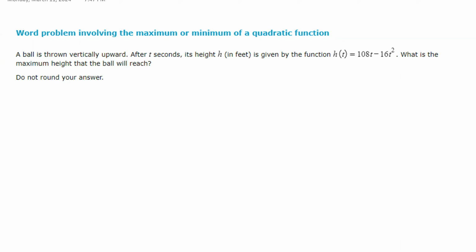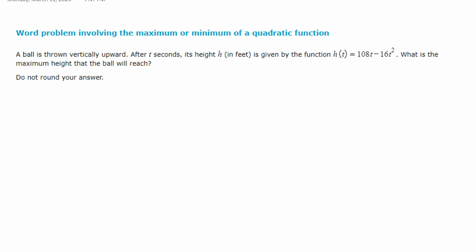Okay, so a ball is thrown vertically upward. After t seconds, its height h in feet is given by the function h of t, which is 108t minus 16t squared. What is the maximum height that the ball will reach? Do not round your answer.